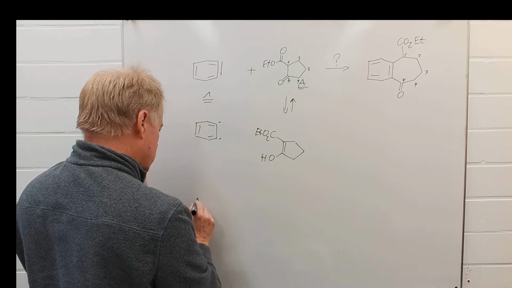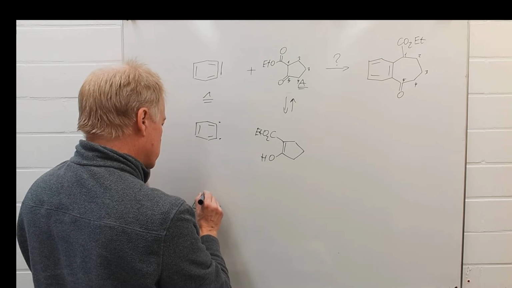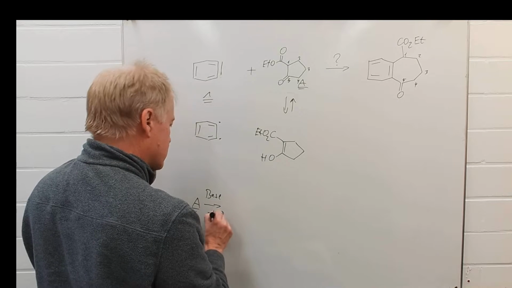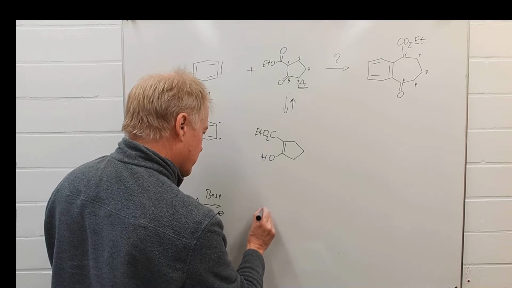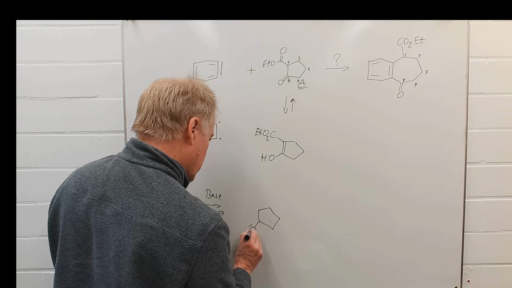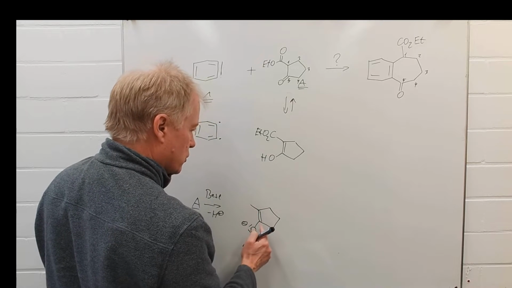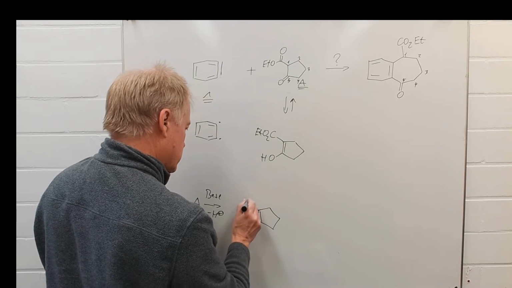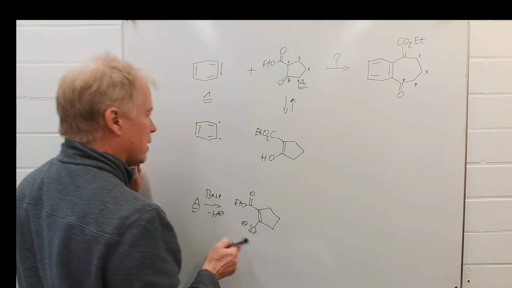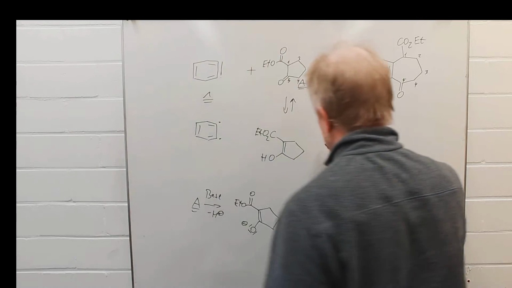Alternatively, this molecule A could be deprotonated by a base, minus H+, then we would be at the stage of an enolate, also with double bond character here. Either here or there, the diradical can react.